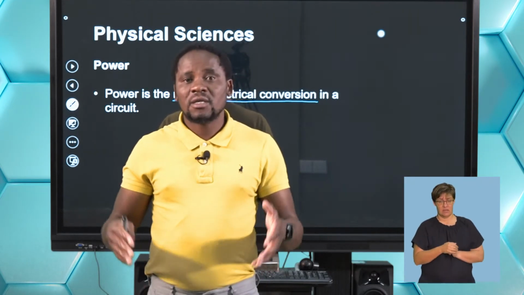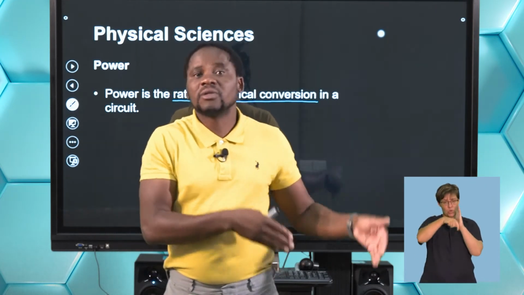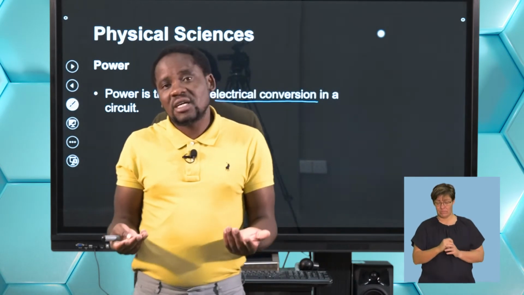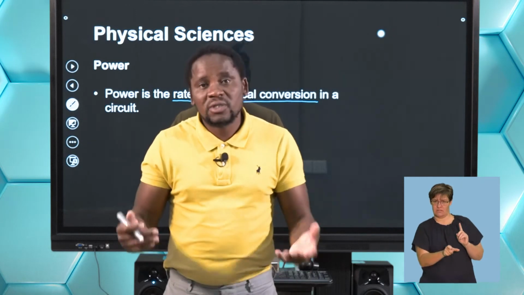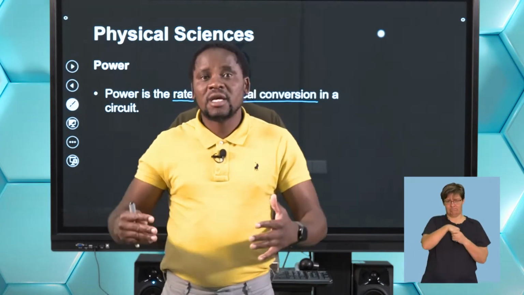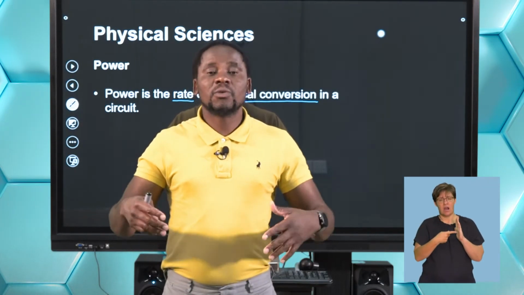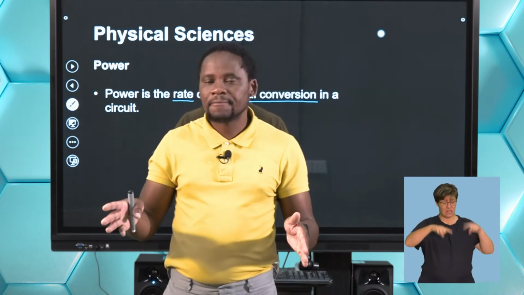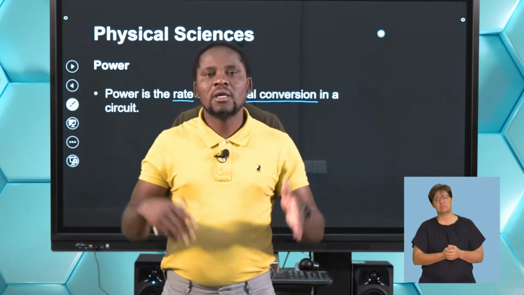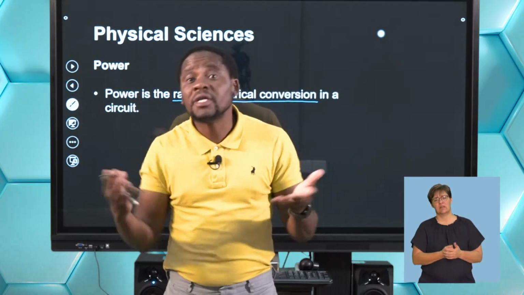The key words, you need to use them in the correct context, because definitions form a key part of the terminology. It is the language that we speak, and in the context of circuits, we talk about power in terms of rate. The moment we say rate, we are able to say there's a component of time involved.